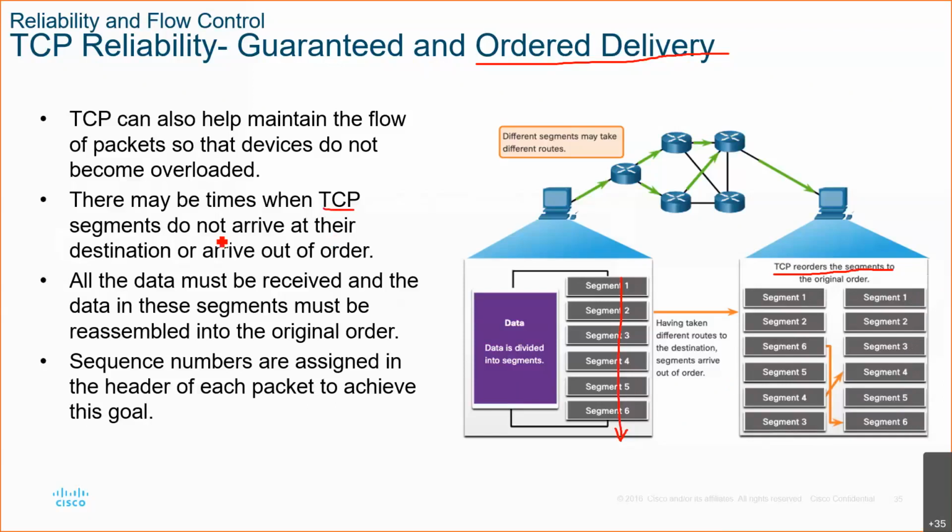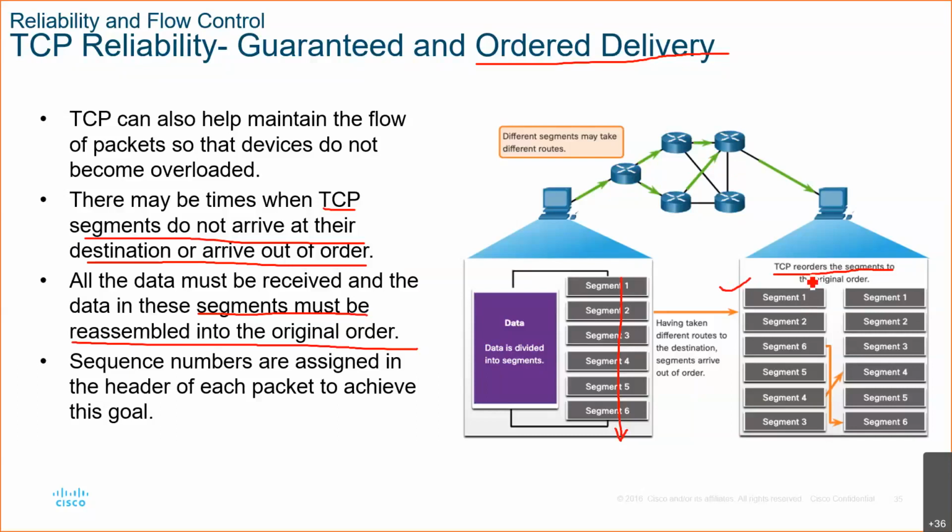So if TCP segments do not arrive at their destination or arrive out of order, these segments will be reassembled into the original order. And this is very common because you know that when you send your segments, the frames, the packets will be taking different routes. So this is a common occurrence.